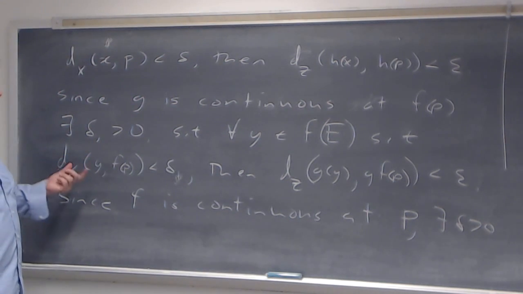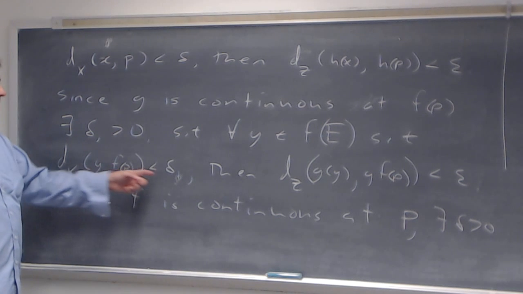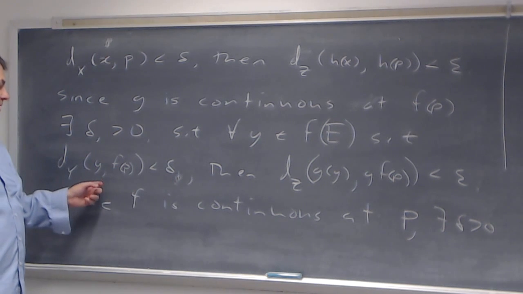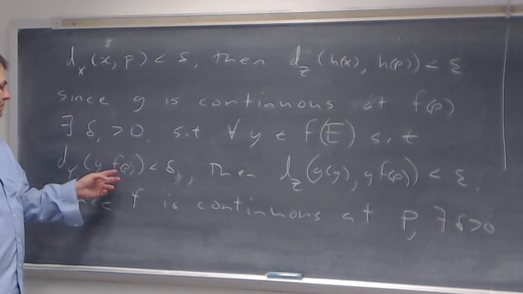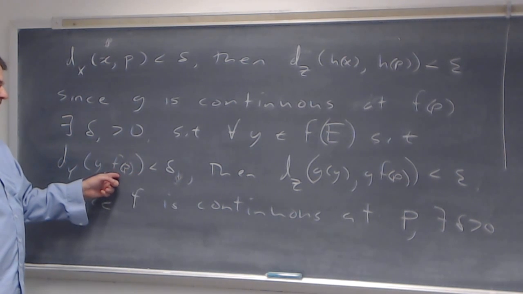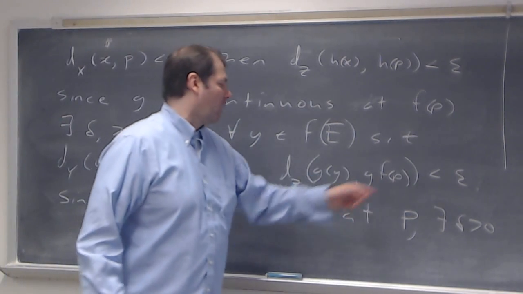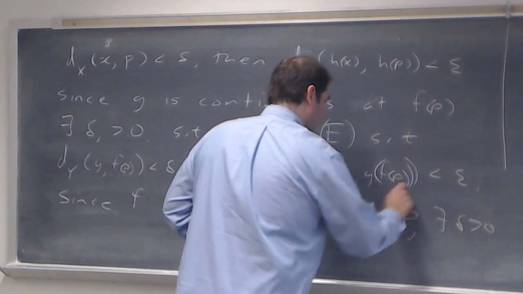Previous line says, hey, look, when you look at F of E, as long as the points y are within delta sub 1 units of F of P, G will grab those points and send them within epsilon of G of F of P.